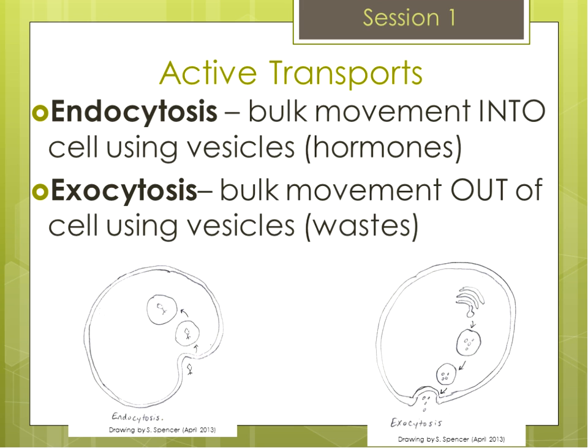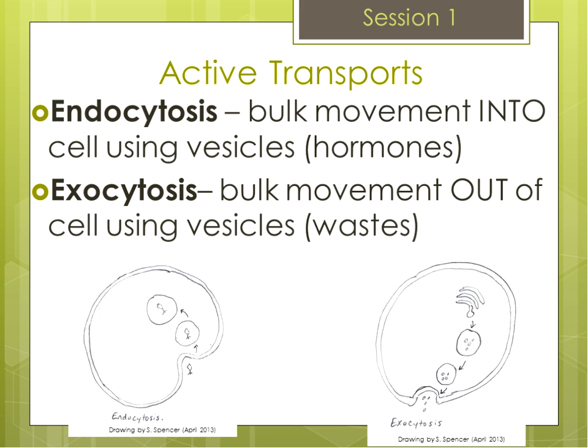We also have bulk movements, which are active, which require energy, and these are going to involve the Golgi apparatus, in which we're going to actually package things like hormones or waste and either bring them into the cell. As you can see here, endo means into, so endocytosis would be the packaging of something like maybe a bacterium that an immune cell is going to try to kill and bringing it in.